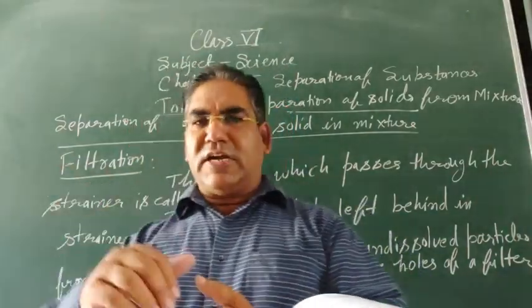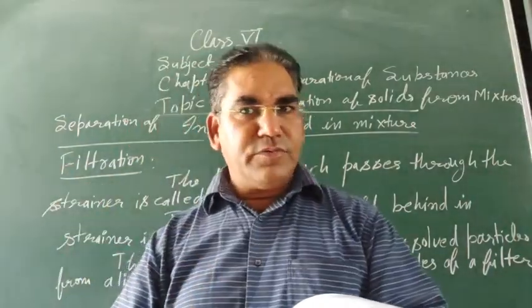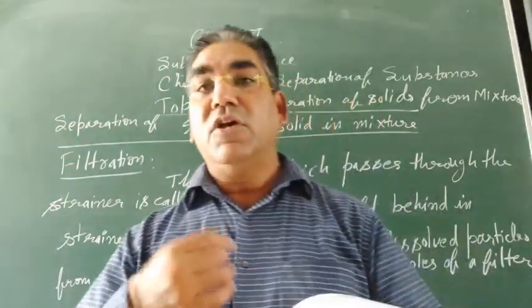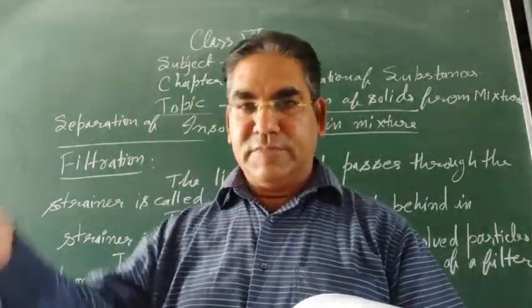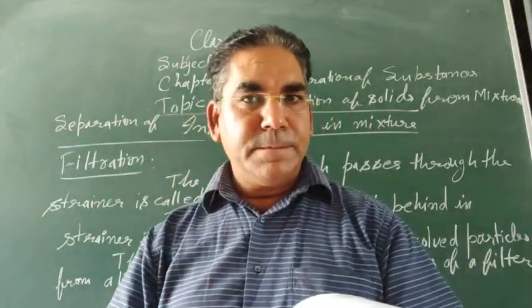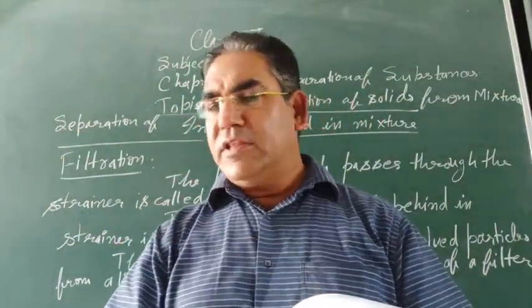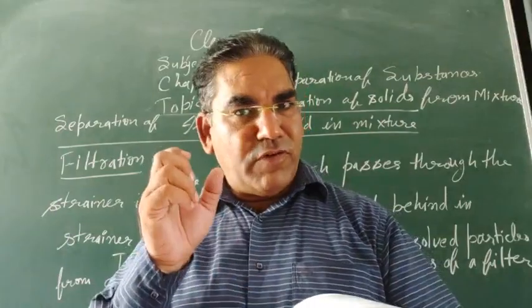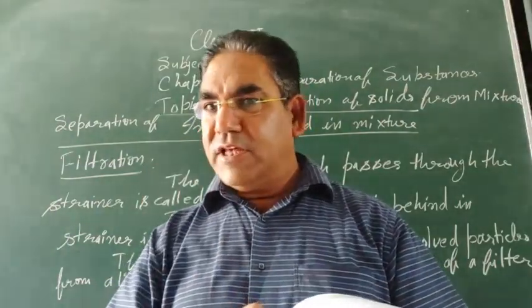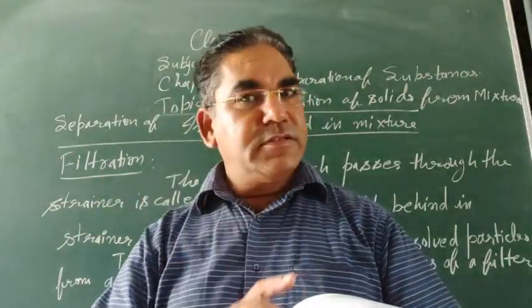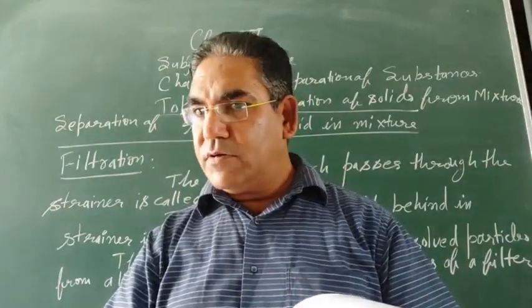This kind of filtration we can also do for water. छलनी से छानते ना. But in the laboratory there is a funnel. There is a diagram given in your book.